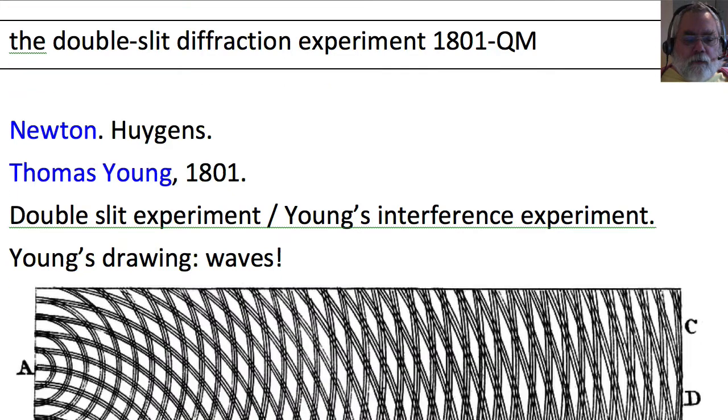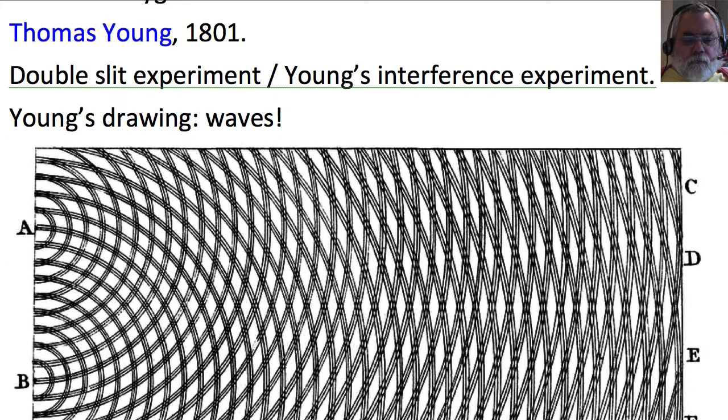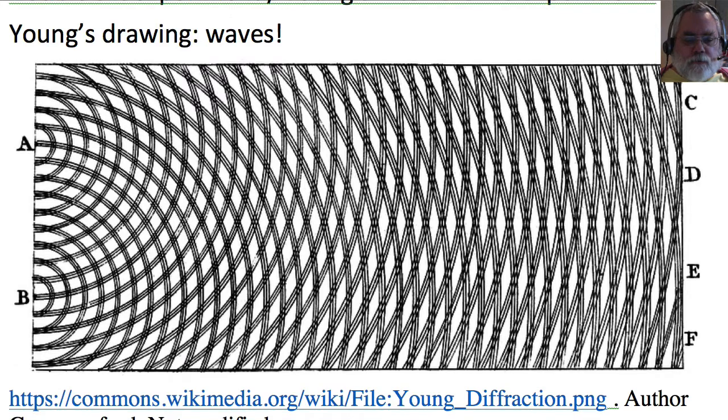When Young passed collimated light through two slits, A and B, he found that the light that went through each slit formed cylindrical wavefronts, and when he looked at the pattern of the combined wavefronts, he saw that there were places where there was light intensity and places where the light was dark.